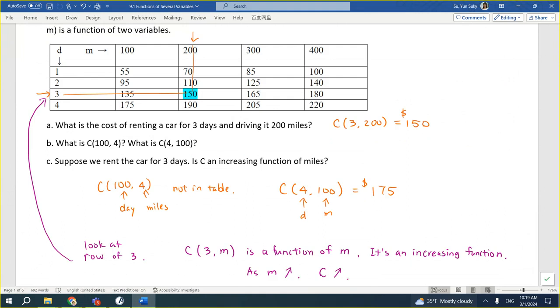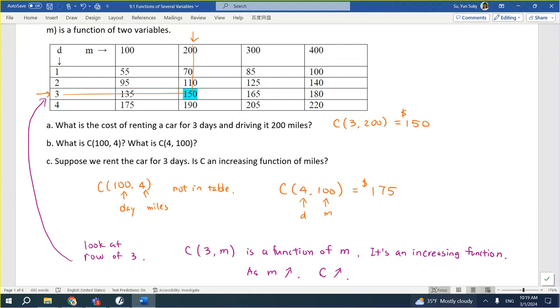So it has 2 independent variables. If you set one of them as constant, then you get a function of a single variable. Then you can use all the knowledge we learned so far, and you can determine whether it's an increasing or decreasing function. And sometimes you can also find the maximum or minimum of it.